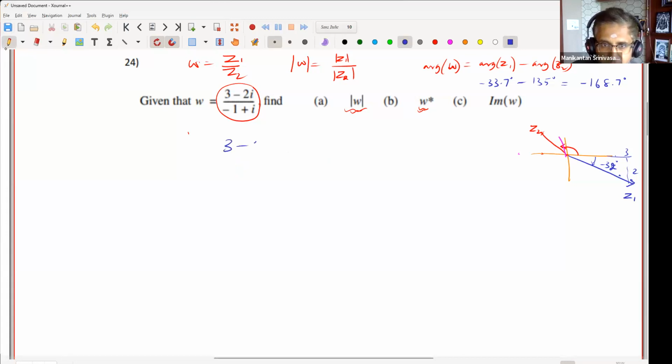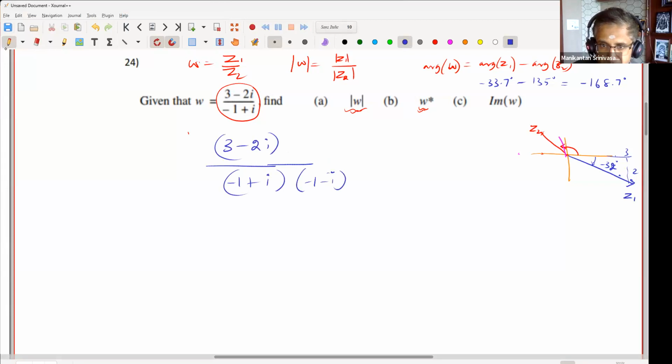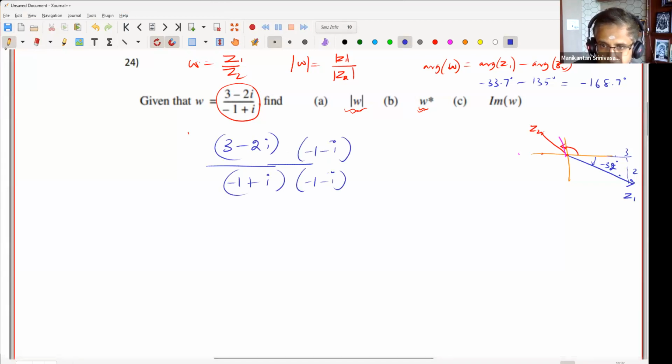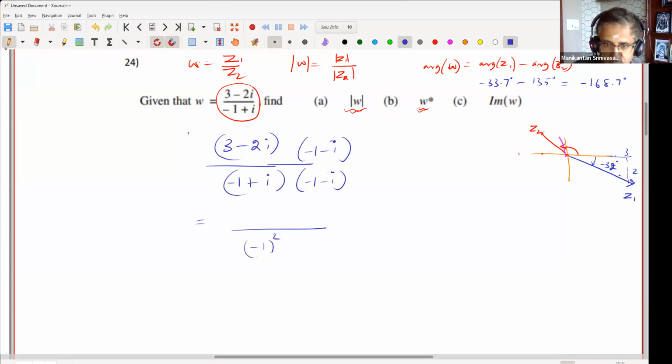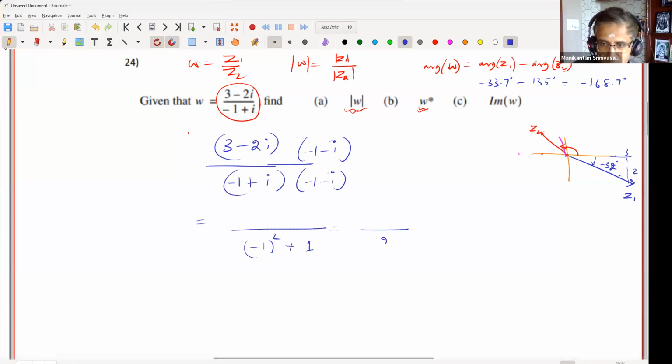Let's do the division. How do we do the division? By multiplying and dividing by the conjugate. So the conjugate of minus 1 plus i is minus 1 minus i. So I'll multiply numerator and denominator by minus 1 minus i. So the denominator will be minus 1 square minus i square, right? So it will become minus 1 square plus 1 square, which is 2.